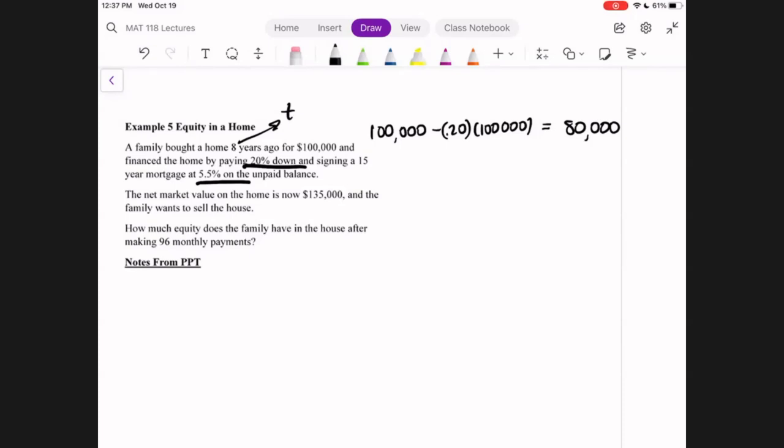So one thing you want to note here is it does talk about quote unquote monthly payments. So from that, you can derive that your M would be 12. Your R we know is up here. So then your I would be the division between those two, okay?